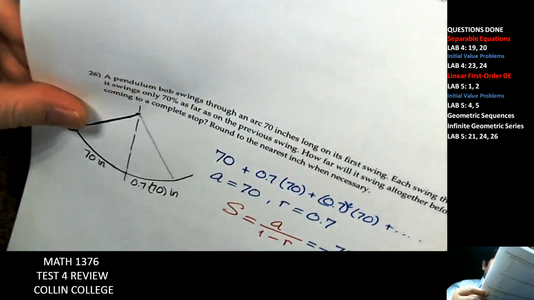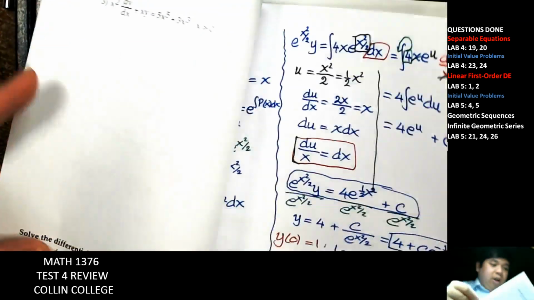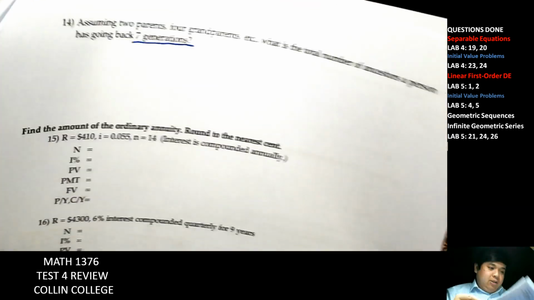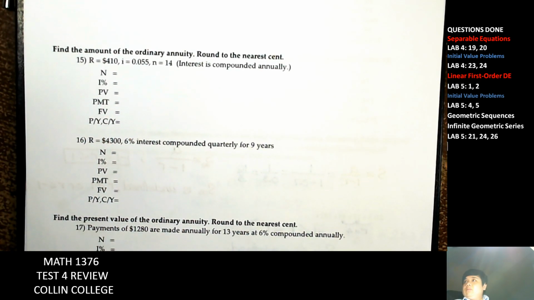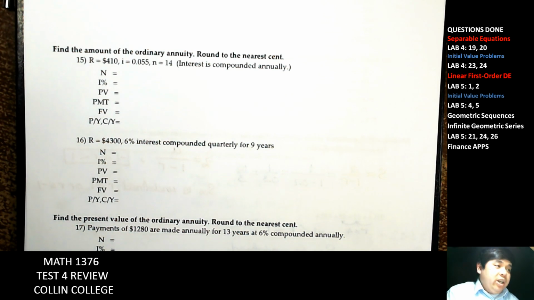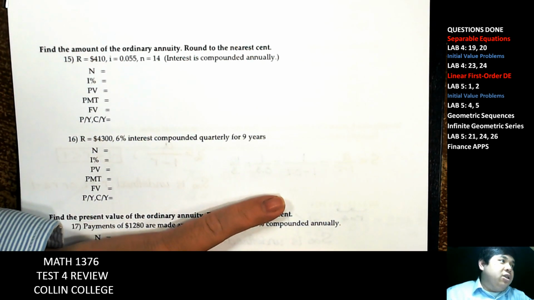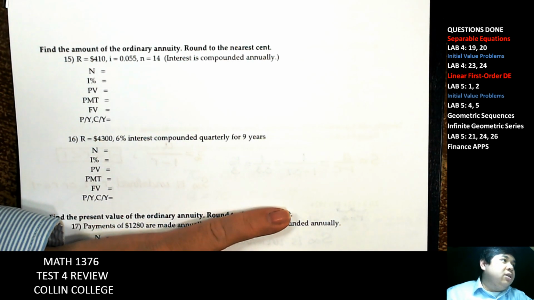Next we focus on the finance problem. Finance apps, because we indeed just use the application on the calculator.